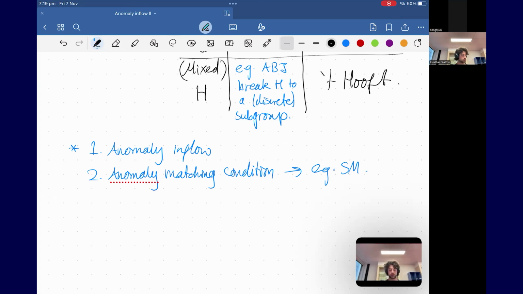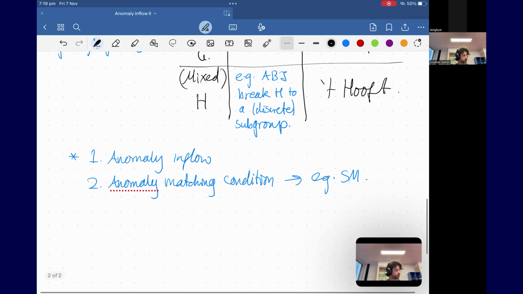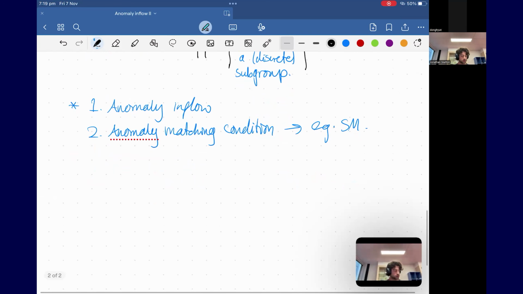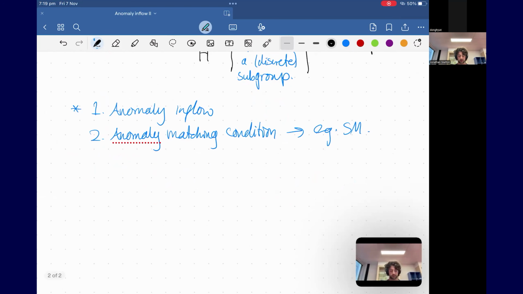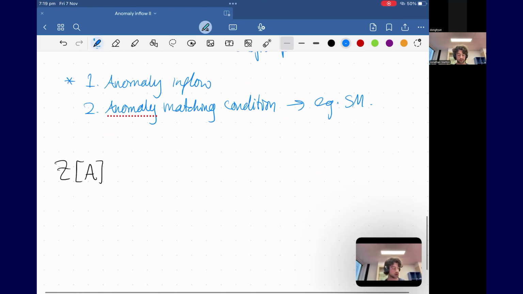But yes. Okay. So in general, since we have a background gauge field, we can write our partition function with this background gauge field parameter A, which we won't necessarily specify.